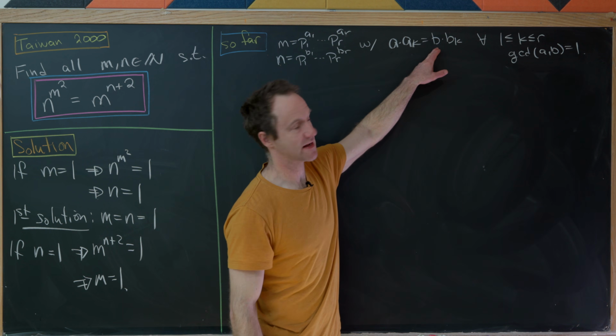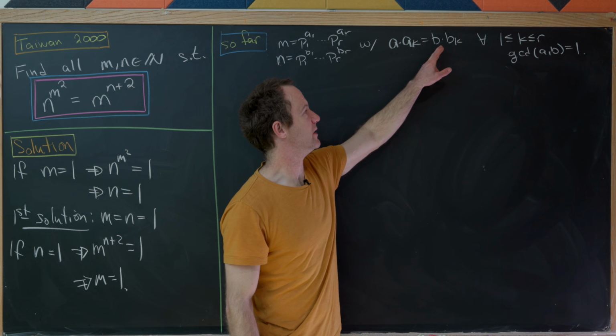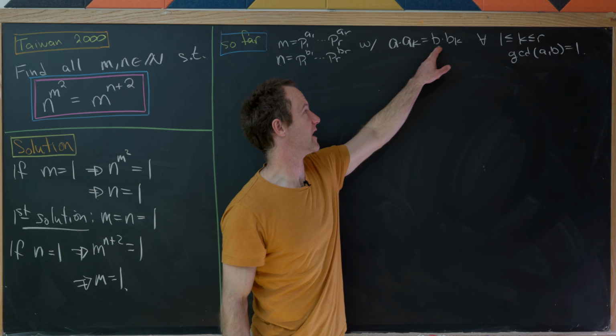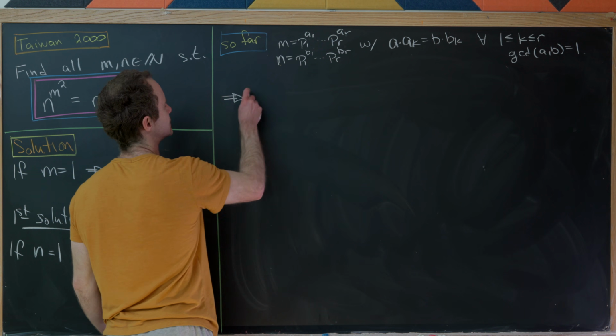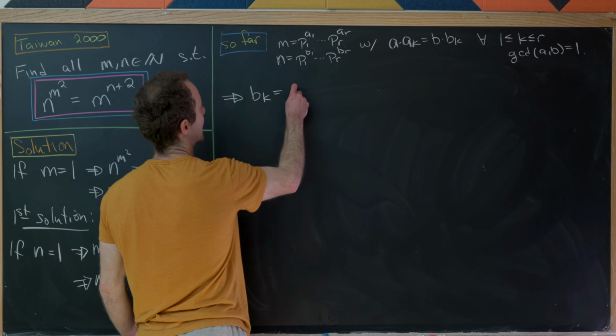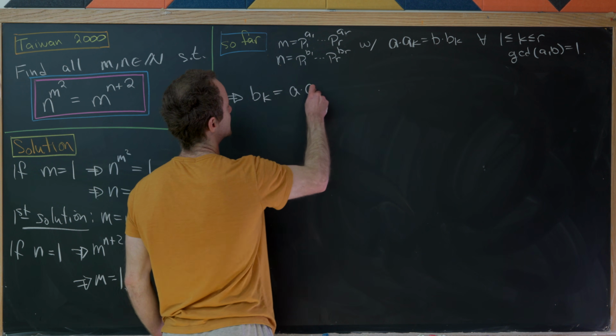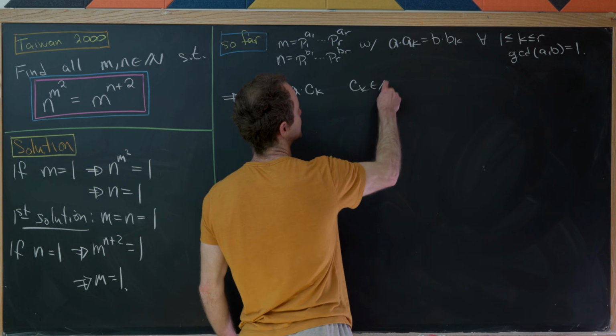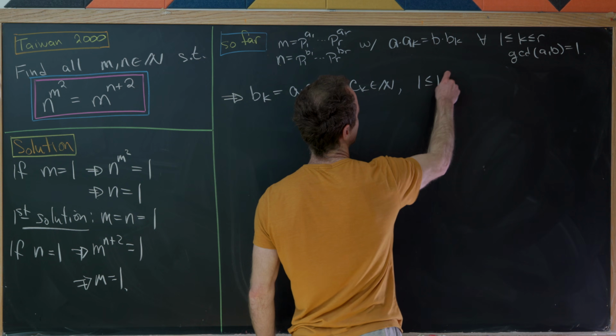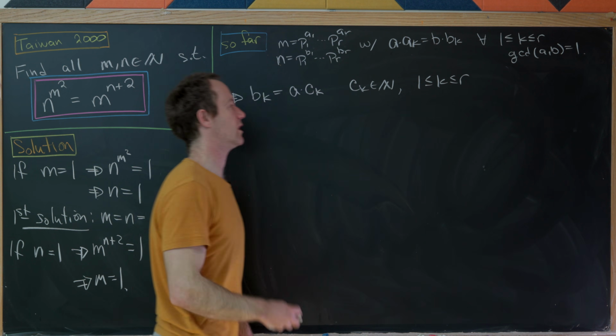That means the right-hand side is a multiple of a, but b cannot be a multiple of a, which means bk is a multiple of a. So that means we can write bk as a times, let's call it ck. And here, ck is a natural number, and this is occurring for all k between 1 and r.